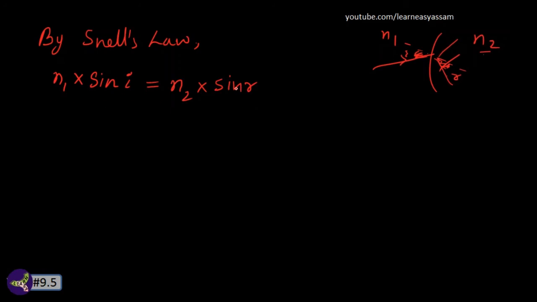This is the relation. For small angles, since we all know that sine theta is approximately equal to theta, we can write N1 I equals N2 R. We have already got I and R from the previous calculation.